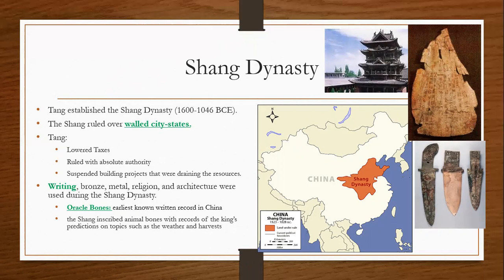One of the interesting things that we're also going to see is the use of oracle bones. This is basically bone that written records were kept on, inscribed with writing on animal bones to keep track of different topics, the weather, how the harvests went each season, things like that.